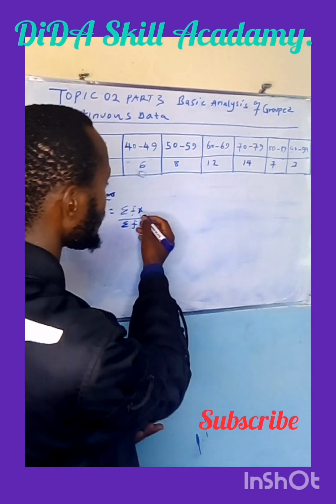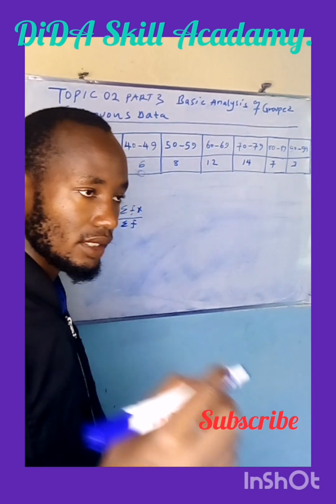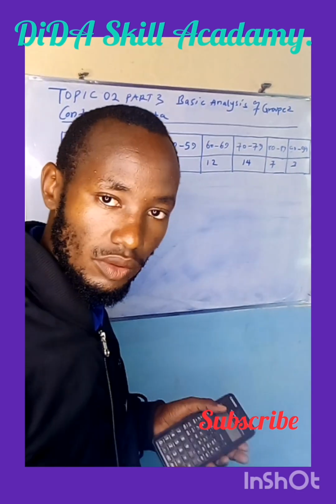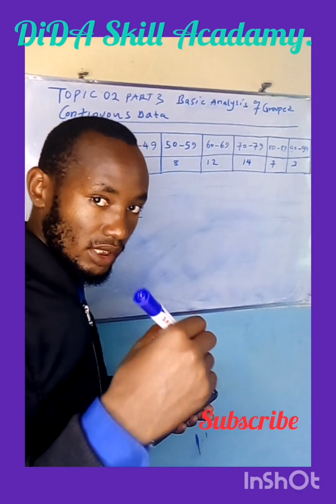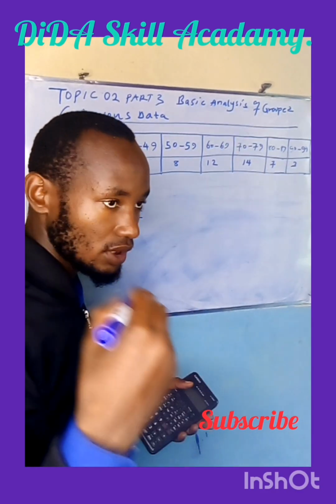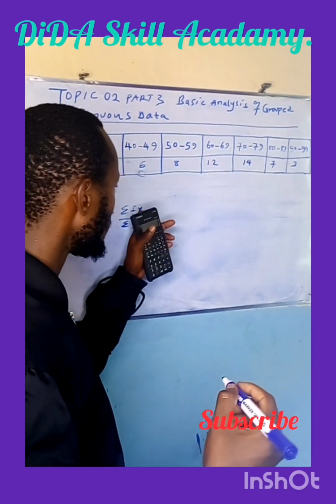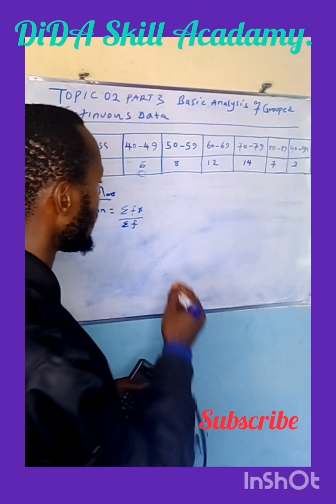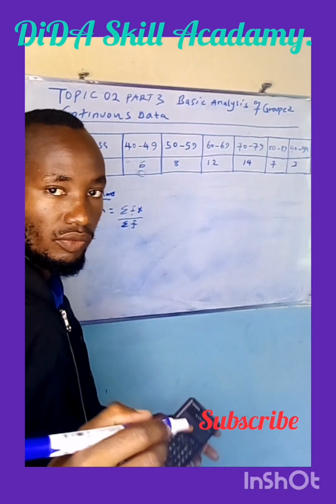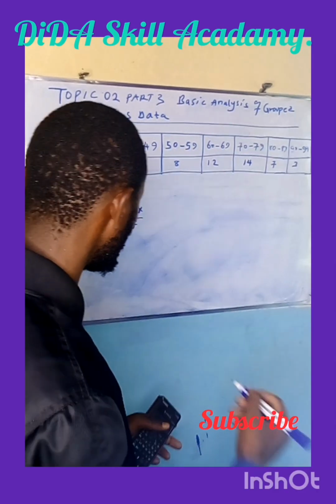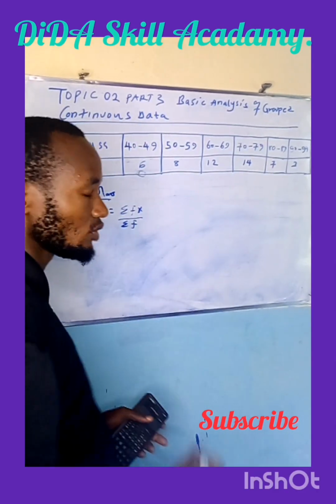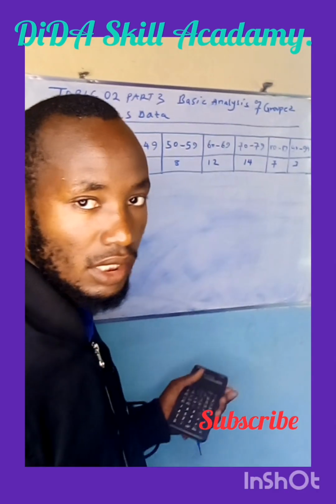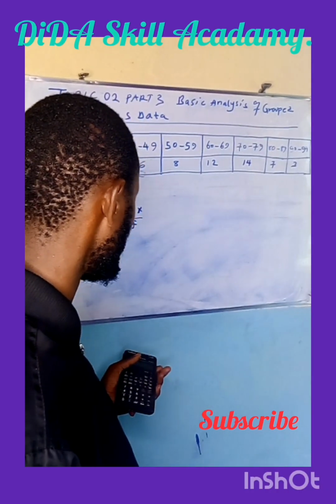Those who were not in the previous class, watch the previous video and you'll have a clear picture of how to calculate the average of each class interval. The summation of f is simply the total frequency.